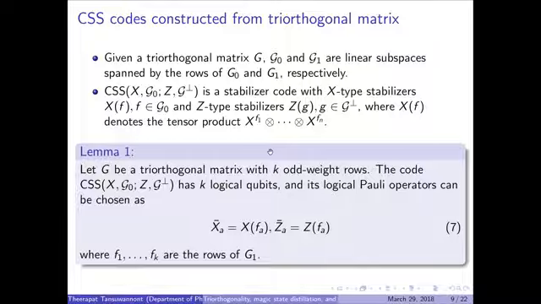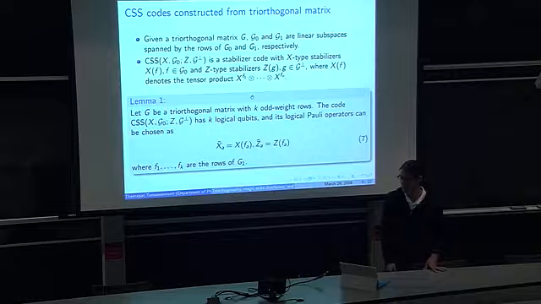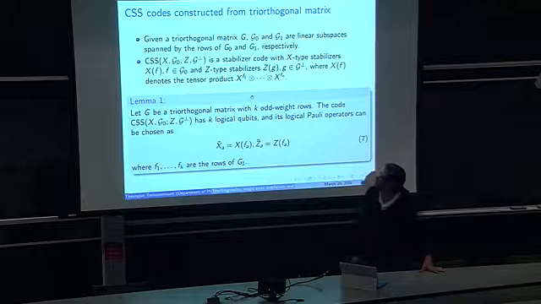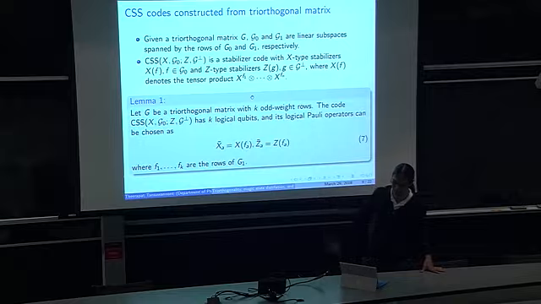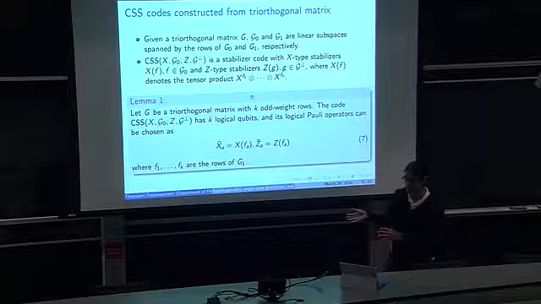Now we would like to construct a CSS code from a triorthogonal matrix. Given the submatrices G0 and G1, we can define the linear subspaces G0 and G1, and script G, which are spanned by the rows of G0 and G1, as shown before. The CSS code, which is called the triorthogonal code, can be constructed by mapping all elements in G0 to X-type stabilizers and mapping all elements in G perp to Z-type stabilizers.